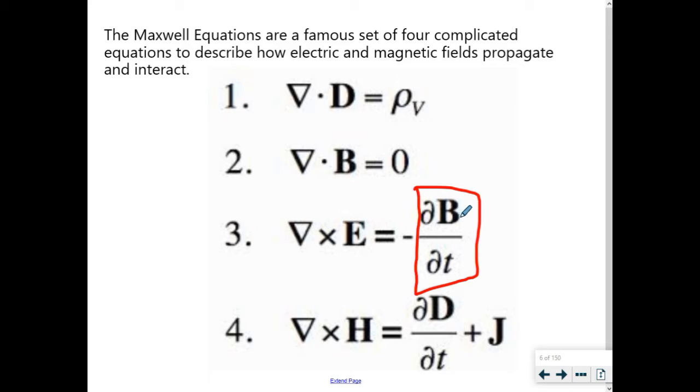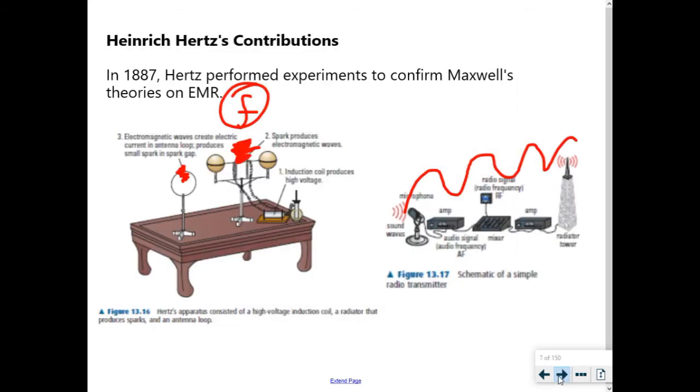This would be the rate at which the magnetic field is changing. You guys aren't going to do any of the calculus, but in case you're wondering, that's where the overlap comes in. Okay, let's move on.